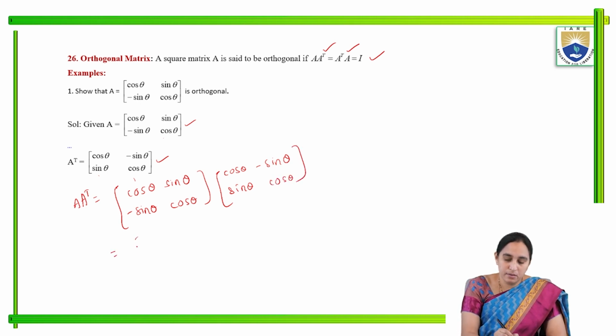Multiply the two, that is, row with the column.